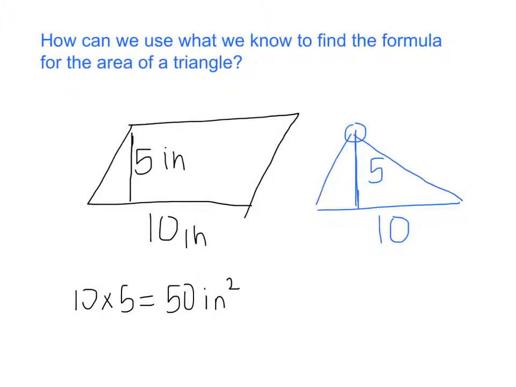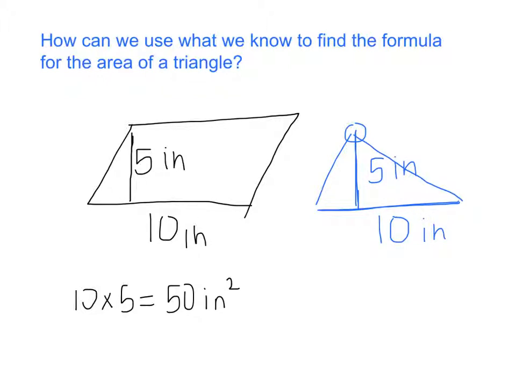Now let's talk about the triangle. My triangle's base is 10 inches. My triangle's height is 5 inches. Am I also going to do 10 times 5 equals 50 inches squared? No. Should the area of this triangle be bigger or smaller than this parallelogram? Smaller. Smaller by how much? Half. So how can I find the area of this triangle?